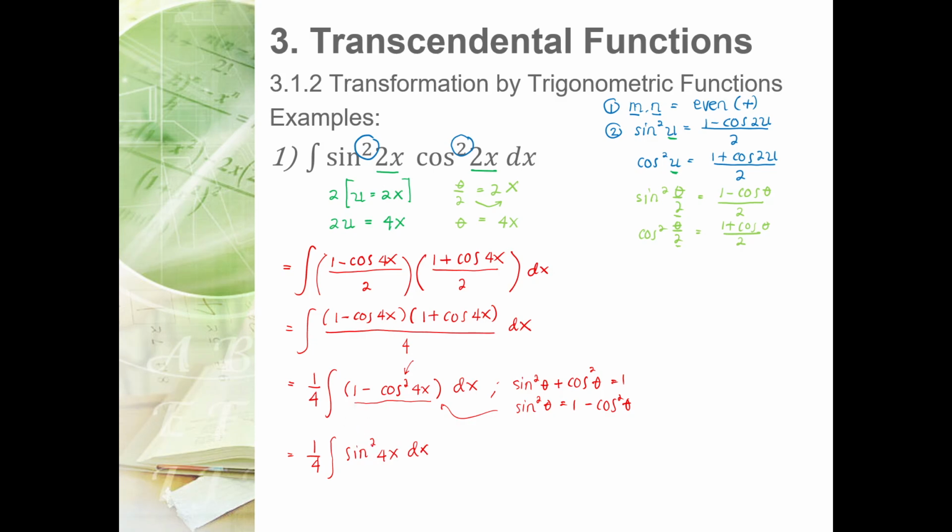Since this one is squared, of course we try to use the technique again. So we go back here. u is equal to 4x, 2u is 8x.